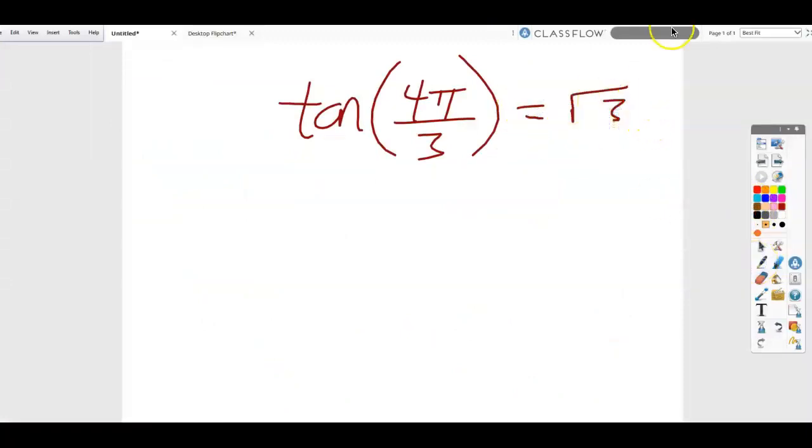So when it comes to sine, cosine, and tangent, it's really just as easy as finding the angle and then finding the number that goes with it, whether it's an x value, a y value, or a tangent value.